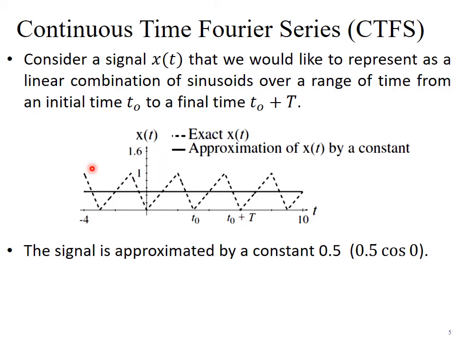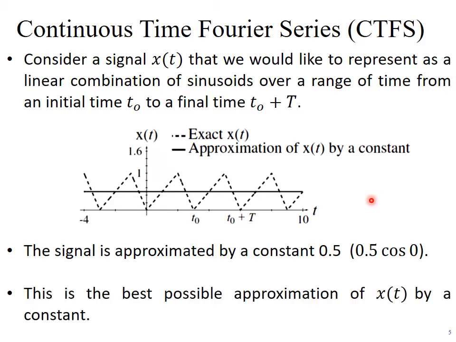So the best possible approximation by a constant is 0.5, which is basically the average value, or a constant is basically a sinusoidal or cosine waveform with zero frequency. So this constant is basically 0.5 cos of 0. So this is the approximation of this triangular waveform by a sinusoidal signal. Obviously it is not accurate, but this is the best possible representation by a constant.